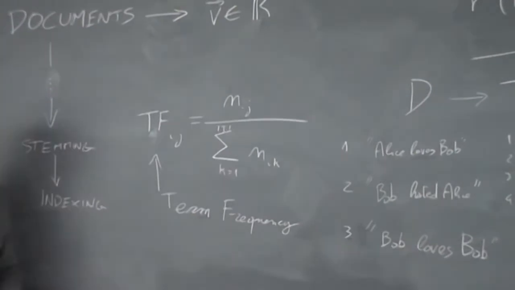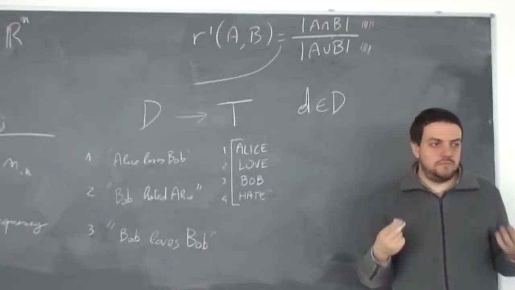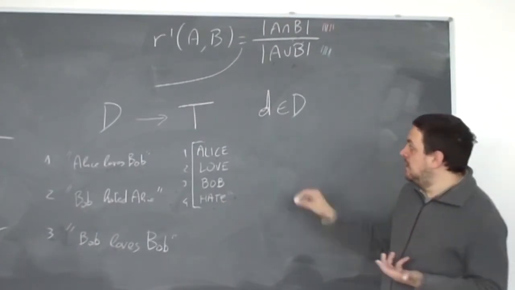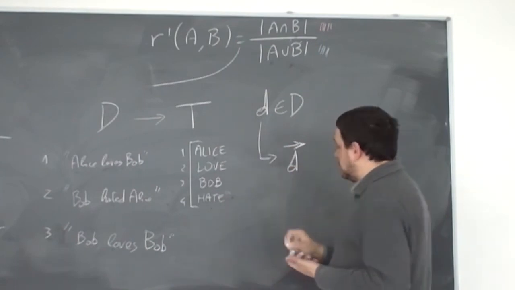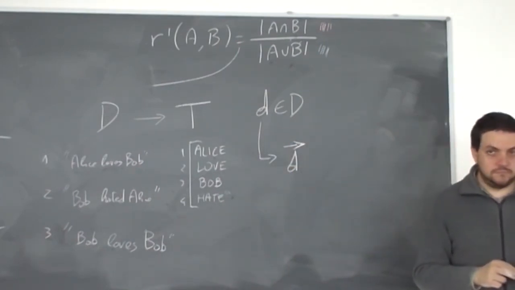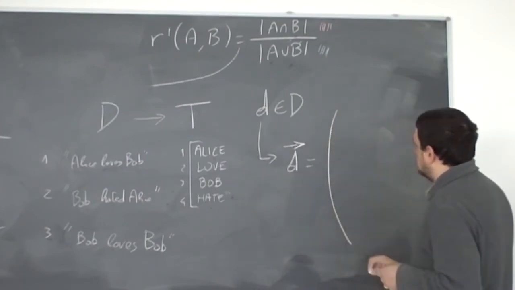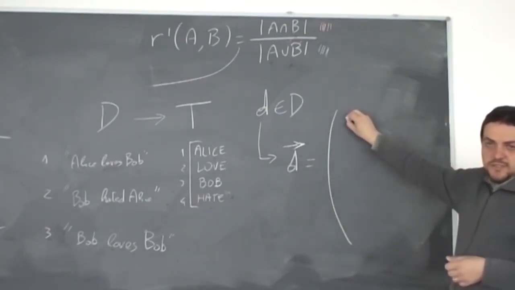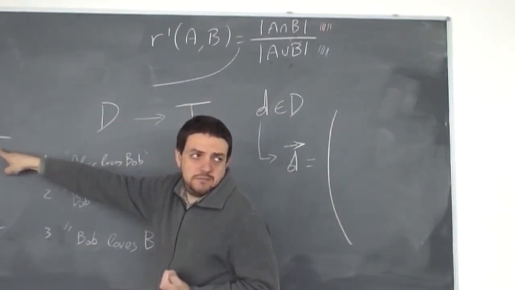This is TF. A document d in our set of documents becomes a vector where every element of the vector is a term frequency.